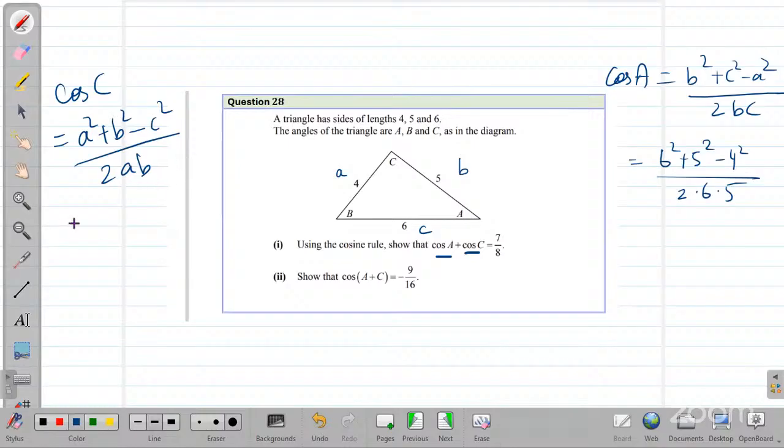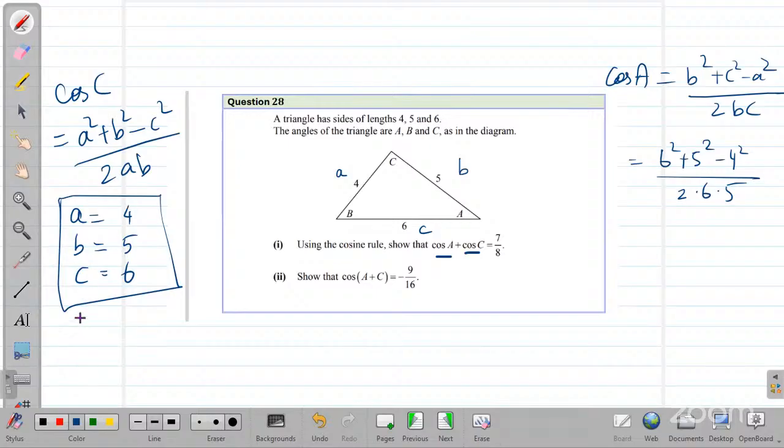Looks like you are not a bit confident. I want you to be more confident. So A is equal to 4, B is equal to 5, C is equal to 6. These are the values that we have to substitute. Don't substitute different values for different variables. No problem. Just try again. You'll definitely get the right answer.